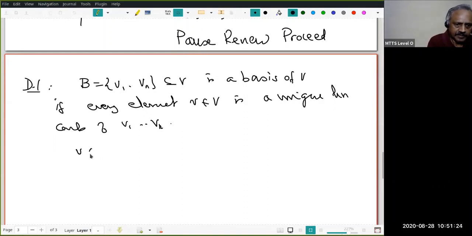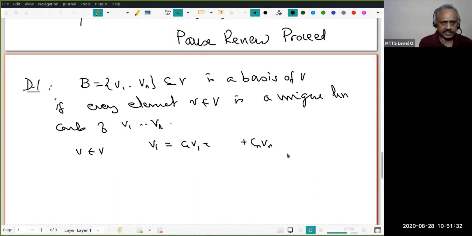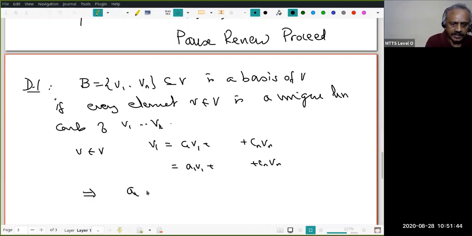Give me any vector in V. It must be a linear combination. That's clear: C1 V1 plus up to Cn Vn, where C1 to Cn are scalars. But what do I mean by unique linear combination? If you say that's also equal to A1 V1 plus up to An Vn, then I want to claim that Ai equals Ci for all i, that is, 1 less than or equal to i less than or equal to n.